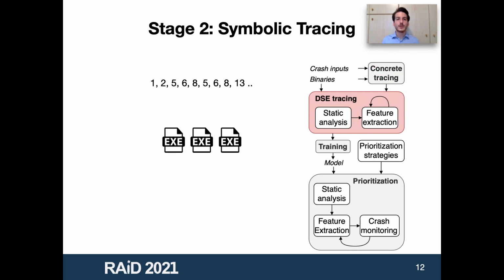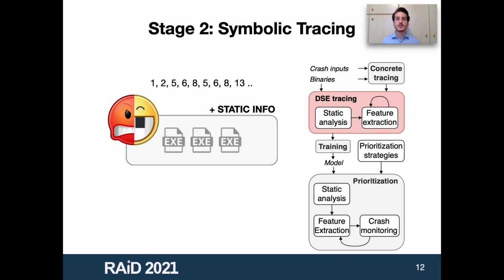The symbolic tracing stage will take as an input the recorded execution traces. It will then load and execute the vulnerable binaries in the angr framework. It will extract static information such as the control flow graph, function information, and other metrics that describe the program structure.